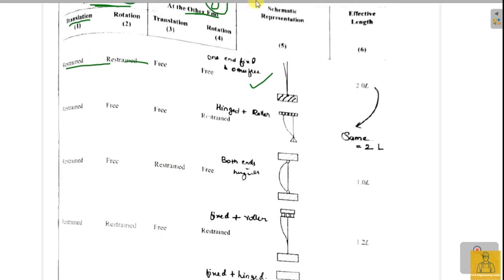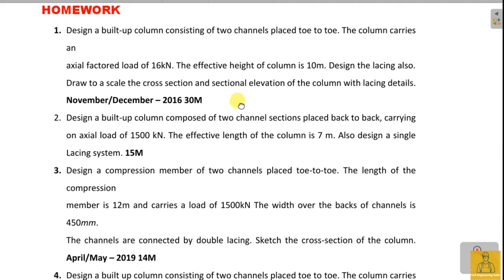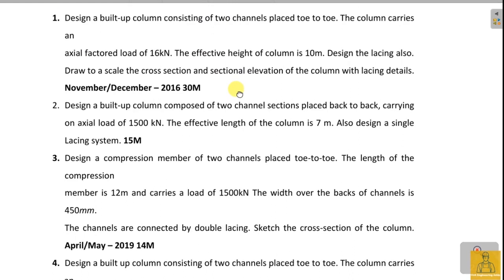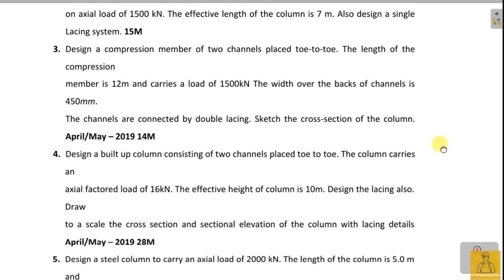Okay, so with this we have completed the design of this section, and these are a few problem questions which were asked in your previous various examinations, in the end semester and other exams. So you can just take a screenshot of this and solve them. These are the questions which are asked for 15 marks or 14 and even for 30 marks. So take a screenshot of these problems.